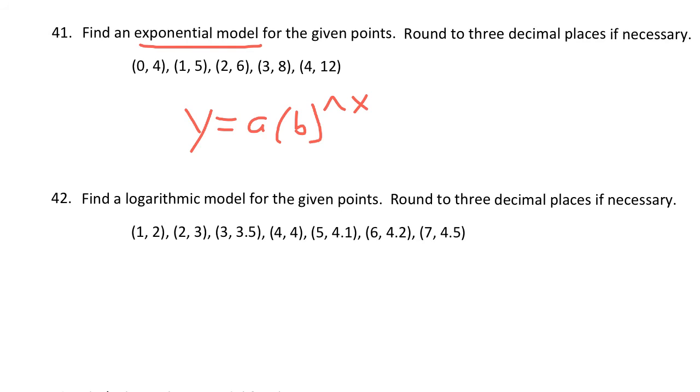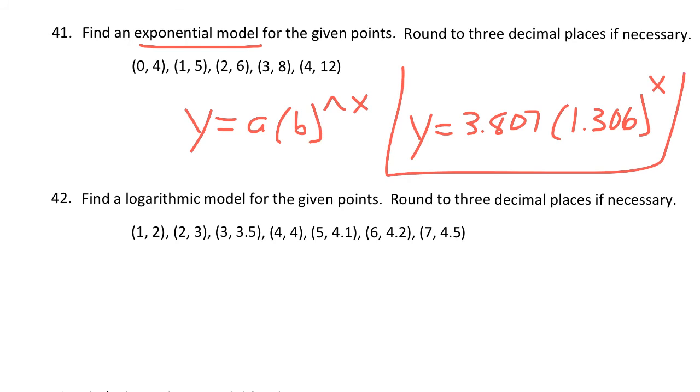And so what we're going to do is write that with the numbers that it told me. Y equals, I'm going to go about 3 decimal places, 3.807 times 1.306 raised to the x. This is the model.